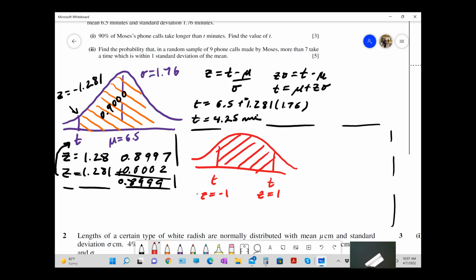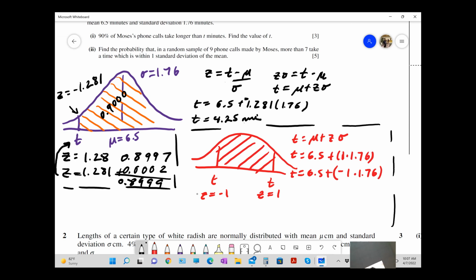And that's going to take you some time. But you have your z. The time is going to equal mu plus z sigma. You already know your mu, which is 6.5, plus 1 times 1.76. And then you have the other one, 6.5 plus -1 times 1.76.